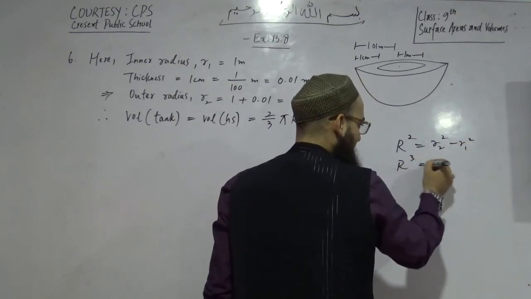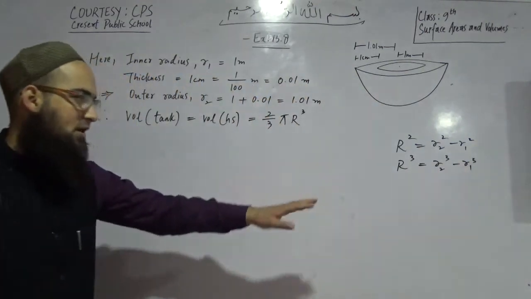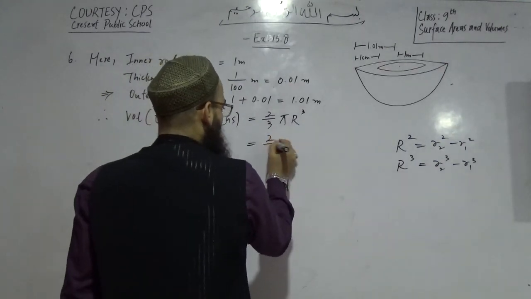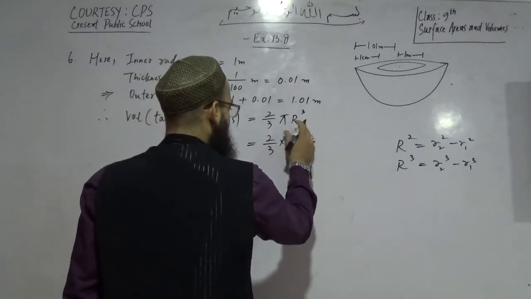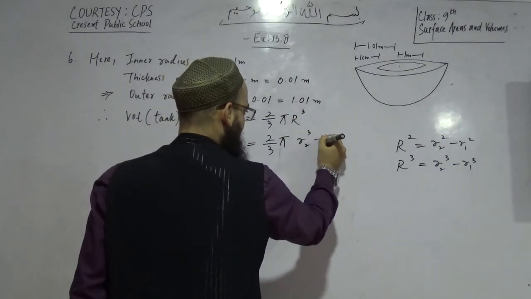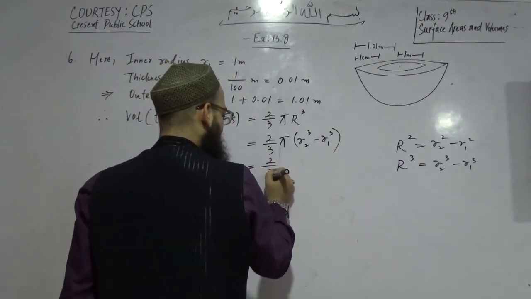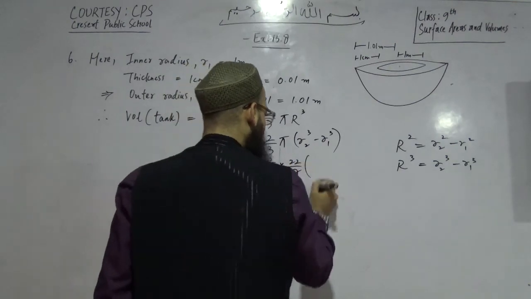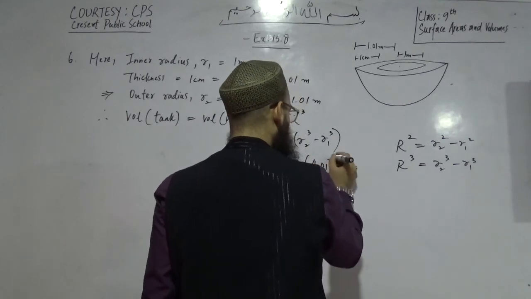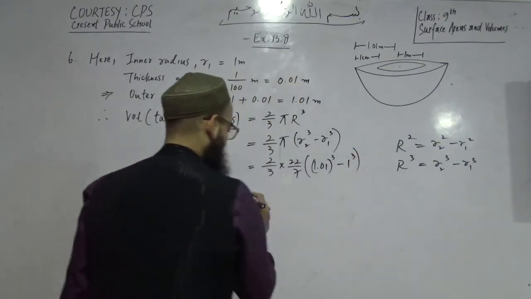If it is cube, it is R2 cube minus R1 cube, where R2 and R1 are outer and inner radius respectively. Now you have 2 by 3 times 22 by 7, then R2 is 1.01 cube minus R1 is 1 cube, like this.